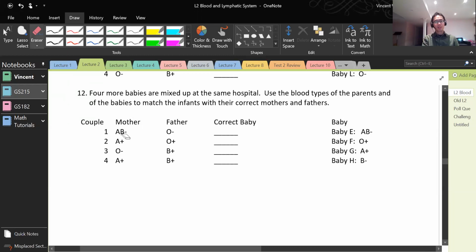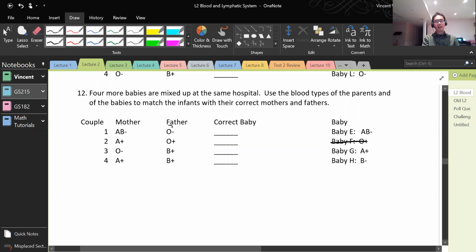Baby E? Sorry, I didn't hear that. Based on the mother alone. Baby F, that's right. Baby F is not hers, because AB cannot have O.